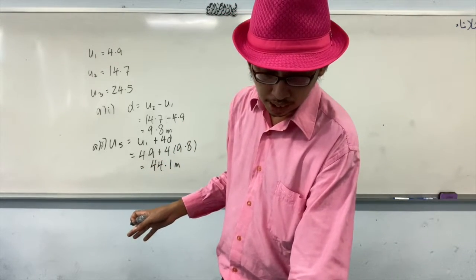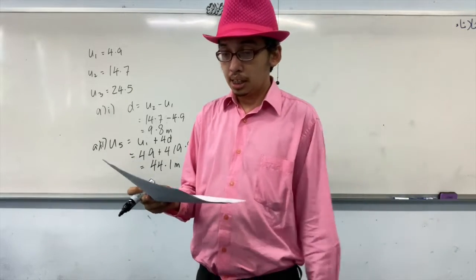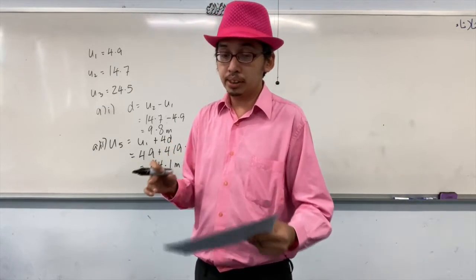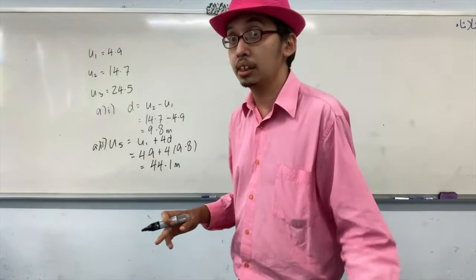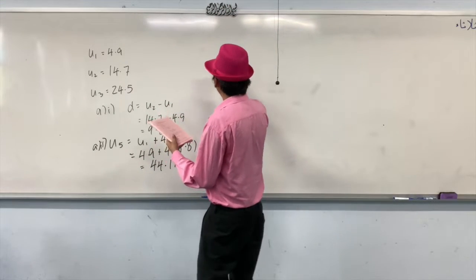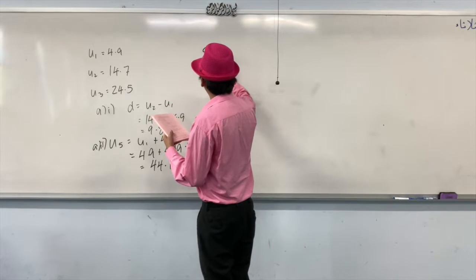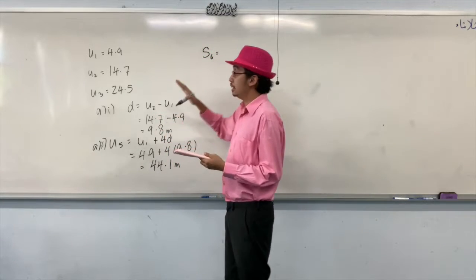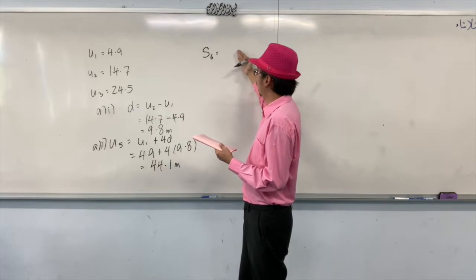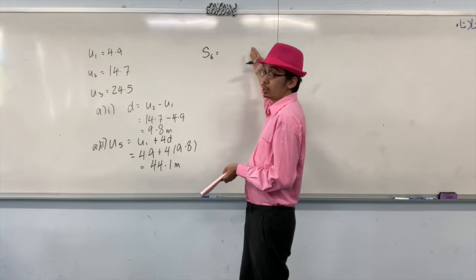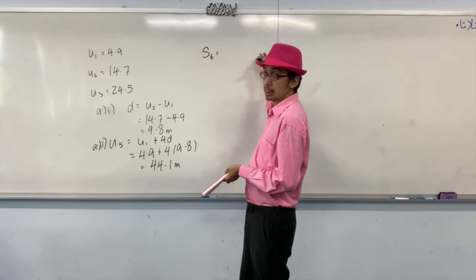The next one, part B, is find S6, the sum of the first 6 terms of the sequence. You need to remember your formula for Sn. Sn is n over 2 times (2U1 plus (n minus 1)d).